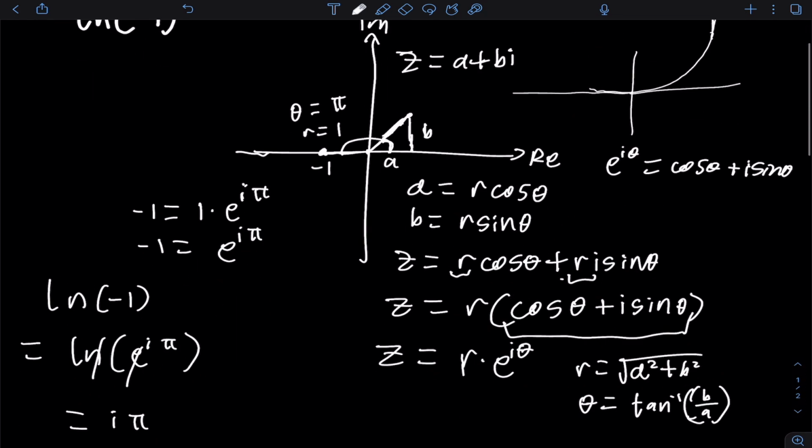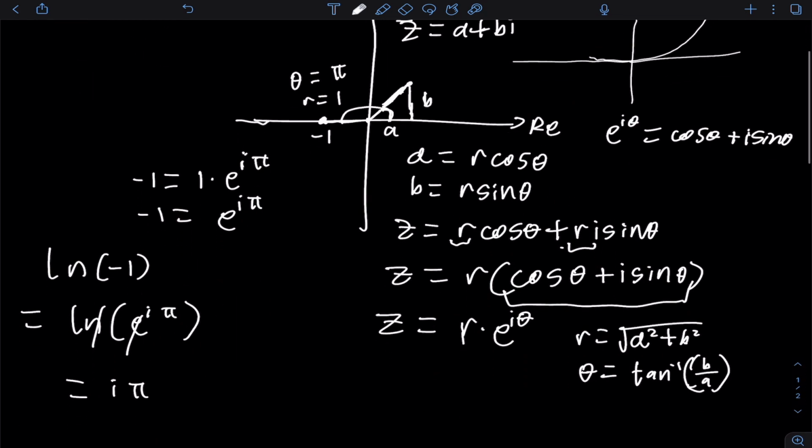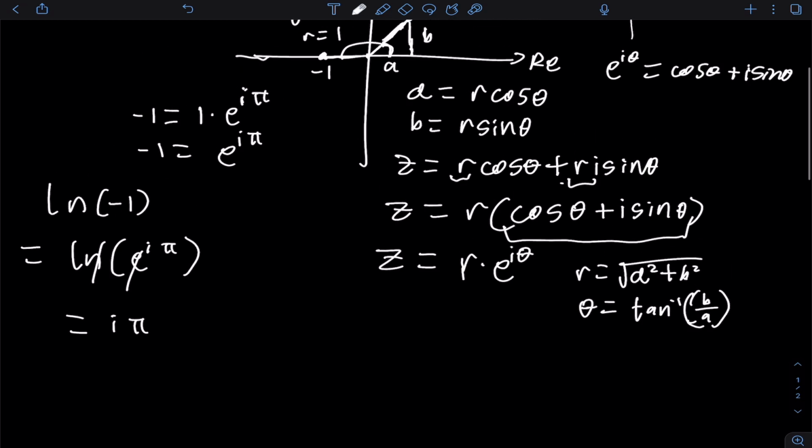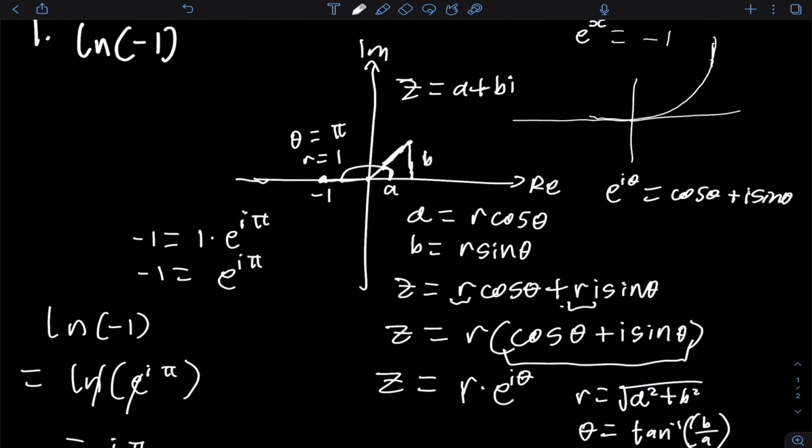But actually, that is not the entire story, and there's more to this, because if we go back to the complex plane, we see that this angle here, which we know as pi, what happens if we add 2 pi to that? That means doing a full 360-degree rotation. Well, we just end up at the same point. And what happens if we go back twice 360 degrees, or minus 4 pi? Well, you would just end up at the same point again.